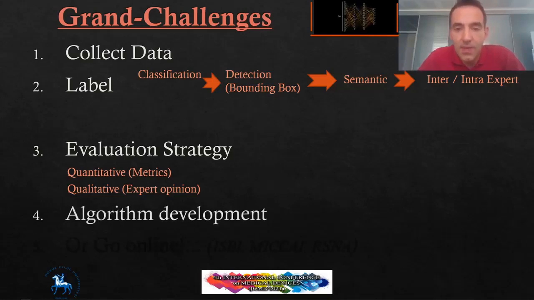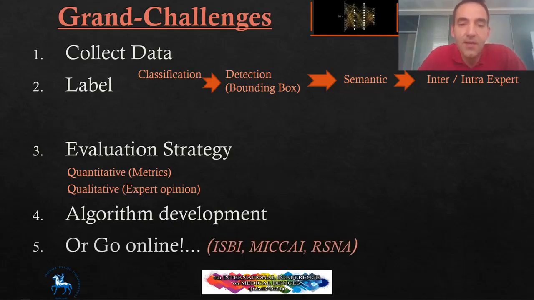And the fourth step is algorithm development. It was all before. Algorithm development always plays the key role, of course, for the model performance, but grand challenges now allow us to go online without any algorithm development. So currently, the first three steps, collecting data, labeling, and evaluation strategy, make up 50%, half of the solution of the problem.